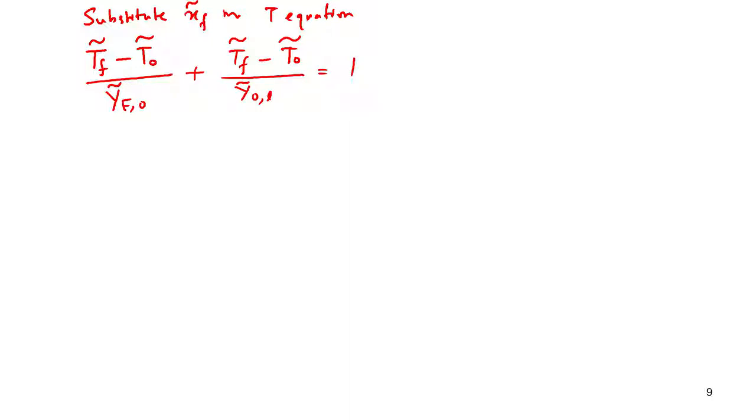Alright. Now what are all these things? Now yf tilde is equal to yf divided by yf0. Similarly, y0 tilde is equal to y0 divided by sigma 0 yf0.